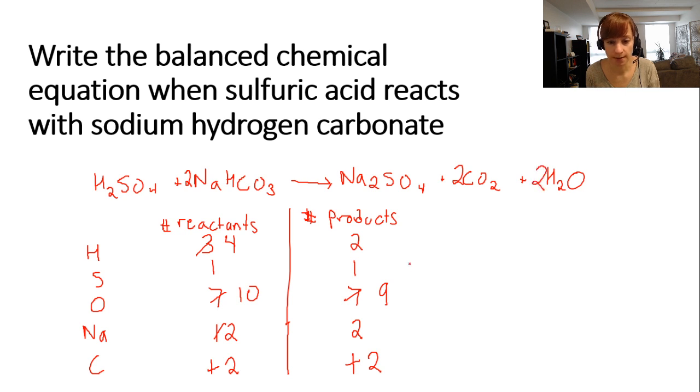So that'll give us an added oxygen atom, so that's 10. And then it also ends up giving us 4 hydrogens. So those are all balanced and already ready to go.